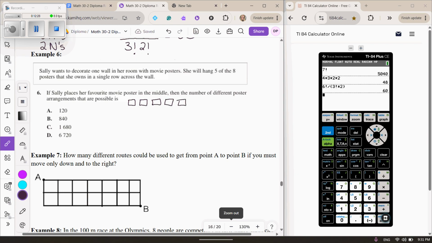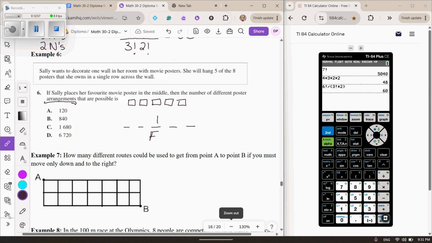If Sally places her favorite movie poster in the middle, then what is the number of different poster arrangements possible? So I do notice that word arrangements. That means once again, we're using permutations or the fundamental counting principle. We cannot use combinations. So let's deal with our restriction first. Her favorite has to go in the middle, which means we only get one option for that.